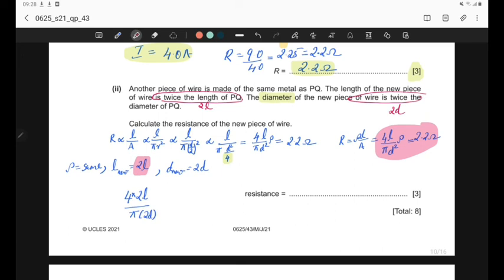As we have seen, the new diameter is 2 times the old diameter, so I write 2d, and I have to square this 2d, times resistivity.